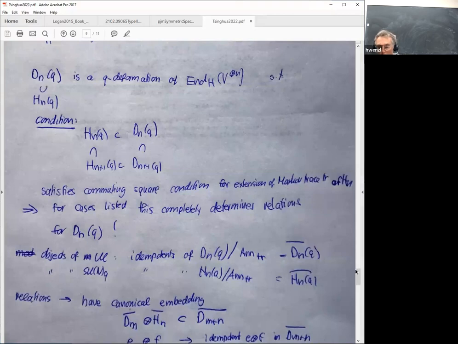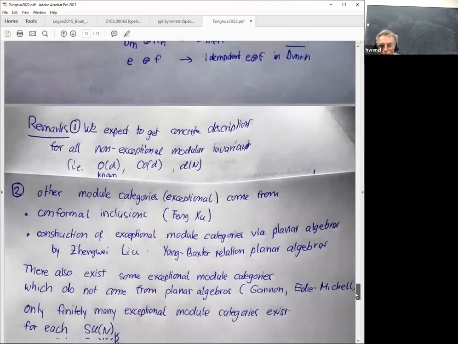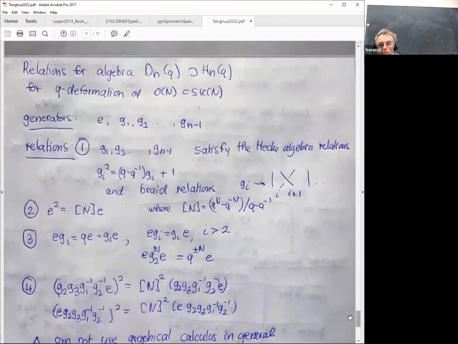So let me make it a little bit more concrete. Let me see where I have it here. We want to find this algebra D_{n,q}, which should contain the Hecke algebra H_{n,q}. And it should be a q-deformation of the centralizer algebras of O(N) in SU(N).